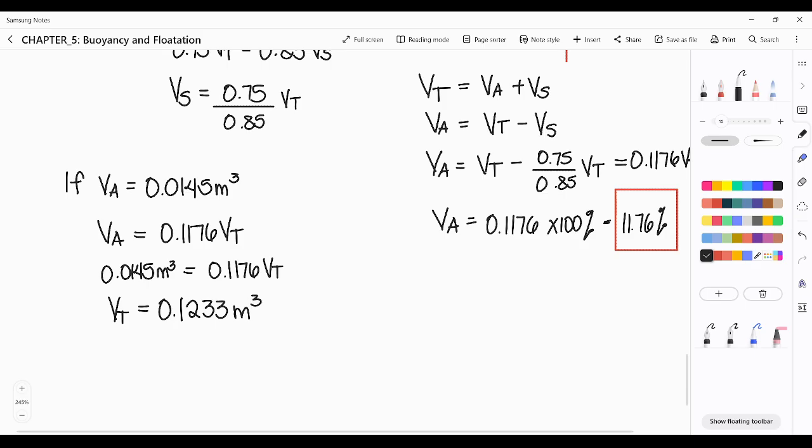So, nakuha na natin yung total volume, makukuha na natin yung weight ng wooden buoy. That is simply weight is equal to the gamma times the total volume.